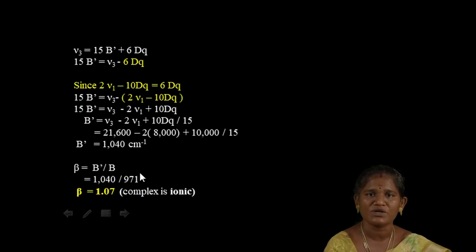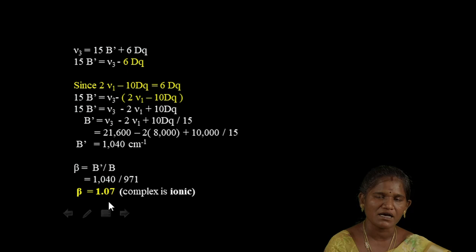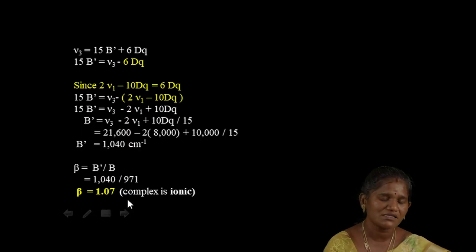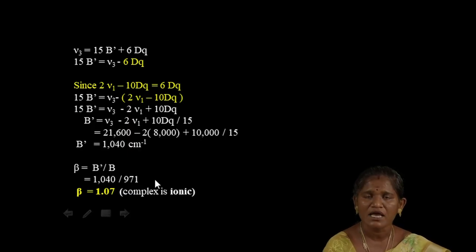So by substituting that value in the equation, we find the value of beta as 1.01. From the value of this beta, we can predict the nature of the complex. If the beta value is less than 1, the complex should be covalent. Here it is nearly equal to 1, which means that the complex should be ionic.